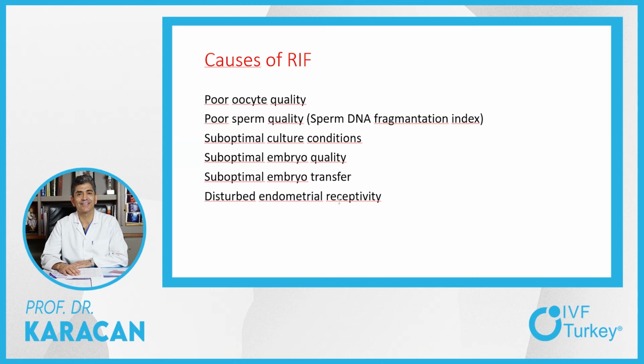When the embryo arrives at the uterine cavity, it attaches to the endometrium, and the endometrium should be receptive. There's a so-called window of implantation when the embryo arrives at the uterine cavity. So the endometrium should be ready, waiting for the embryo to implant. These are the main issues in terms of having a normal, healthy pregnancy.